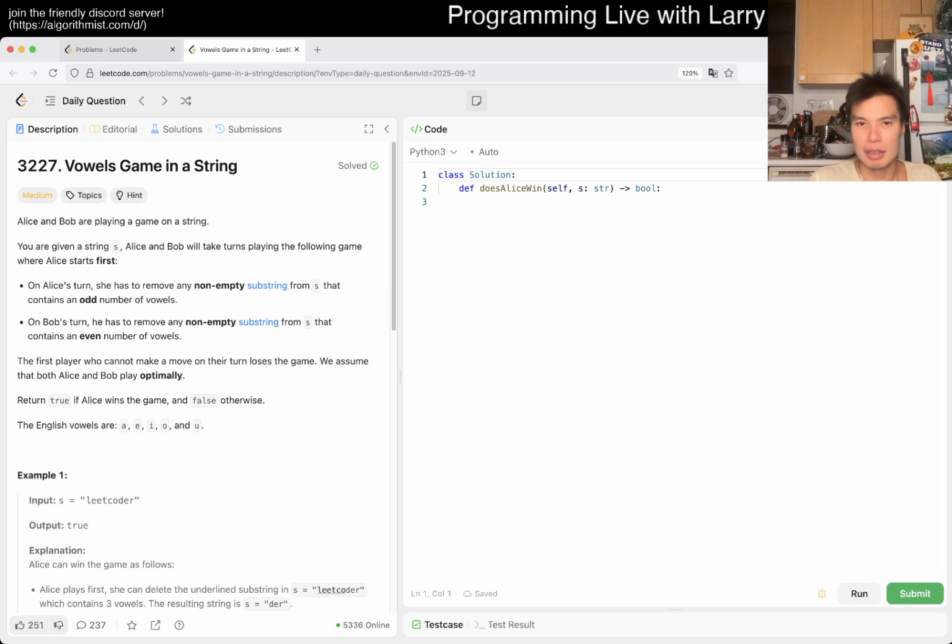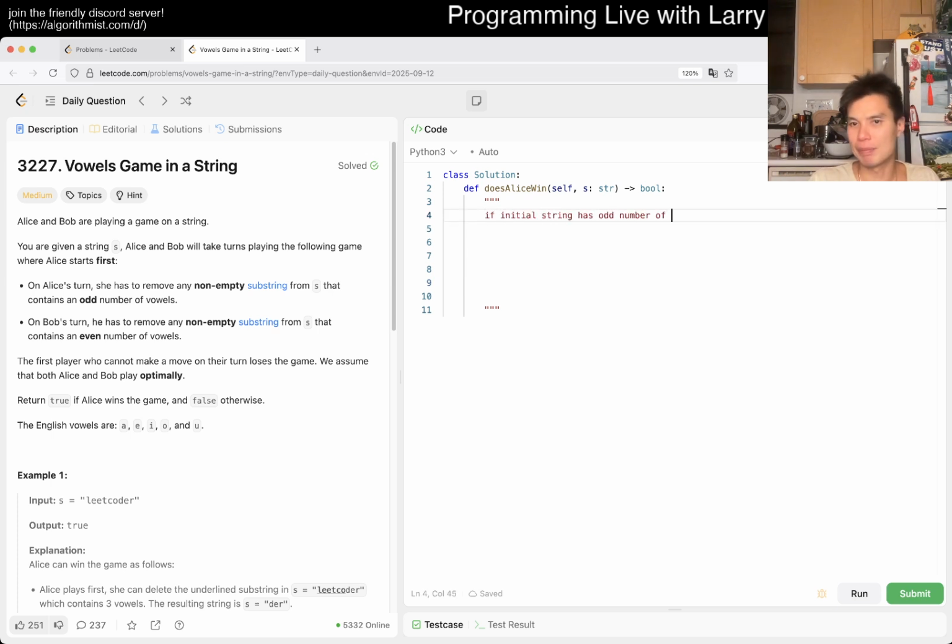Let me write this down because I have to make sure I am consistent. So if the initial string has an odd number of vowels, and honestly, I don't know that there's any algorithm here. It's just pure thinking through all the cases, maybe. Then Alice wins by taking everything. Now the other case: else, an even number of vowels.